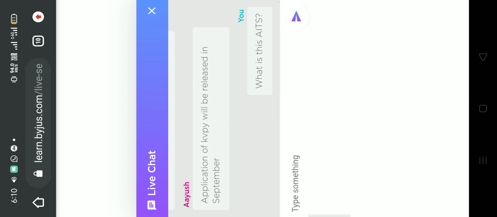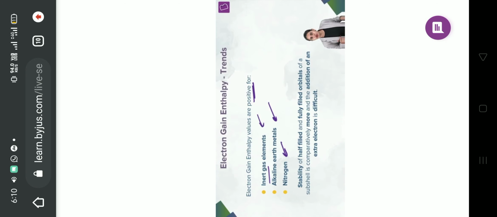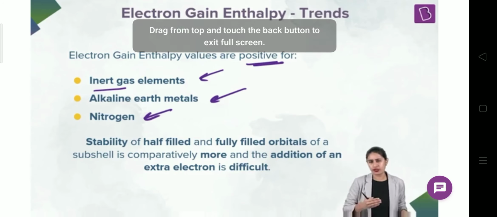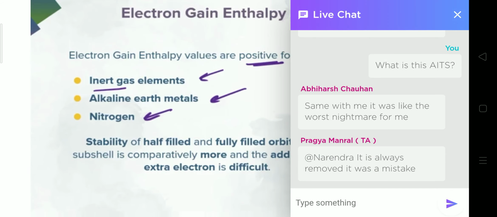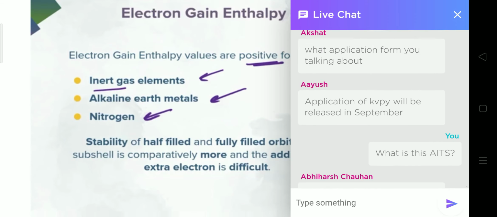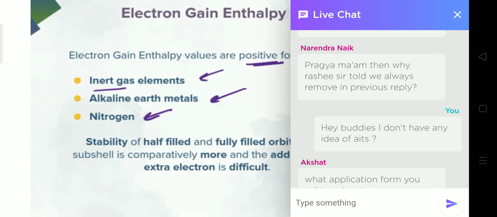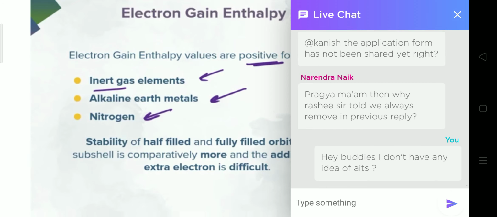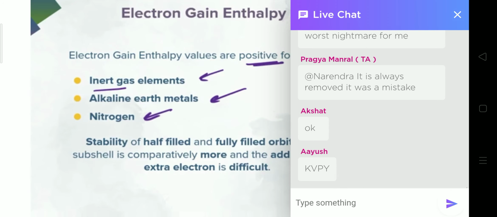And nitrogen, a half-filled electronic configuration is there for nitrogen. Why only nitrogen? Why not phosphorus or other elements of the nitrogen family? So please remember the size is also playing a major role, right? As we are going down the group, the size is increasing. So keep that in mind.